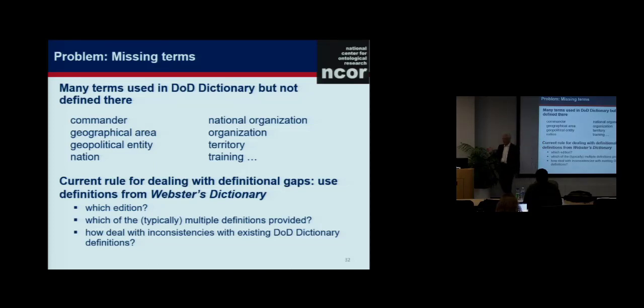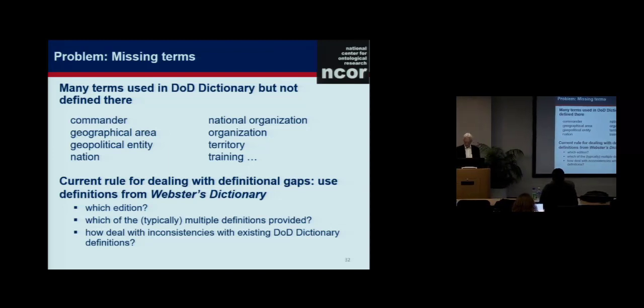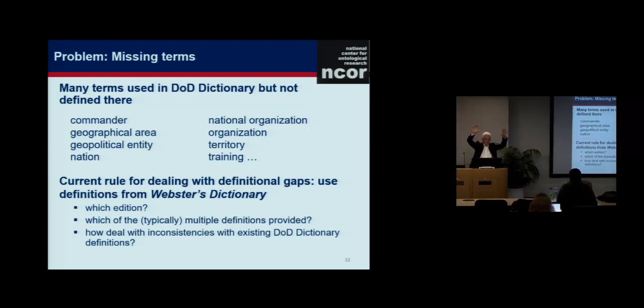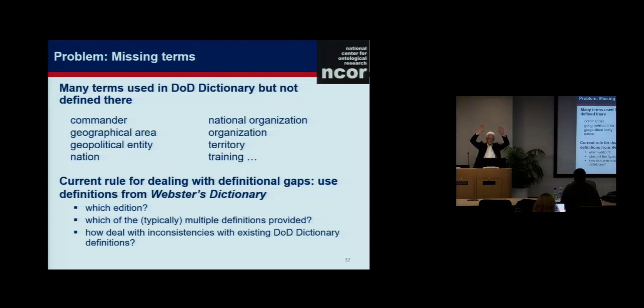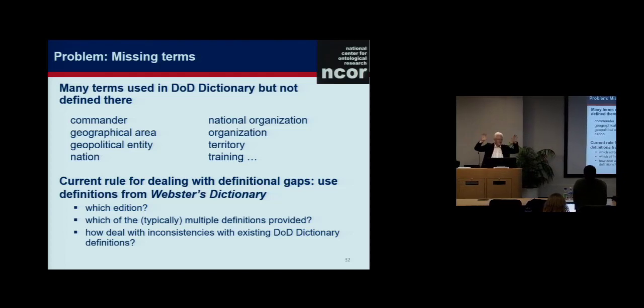And so that's one of the reasons why the DoD includes terms from the Common Core ontologies, because to build an ontology you need to put all the terms that you need to define the terms lower down somewhere in the ontology. You have to have them in ontology form. And the Common Core ontology is a suite of ontologies designed precisely to cover gaps like the ones that we find in the DoD dictionary, gaps which come from what we might loosely describe as common knowledge about things like mountains, hills, nations, rivers, seas, and so on.